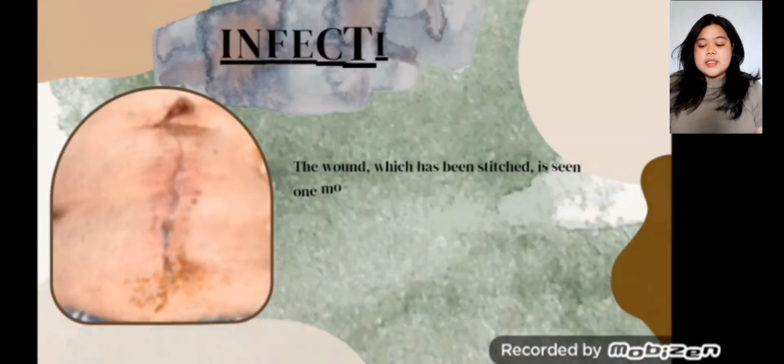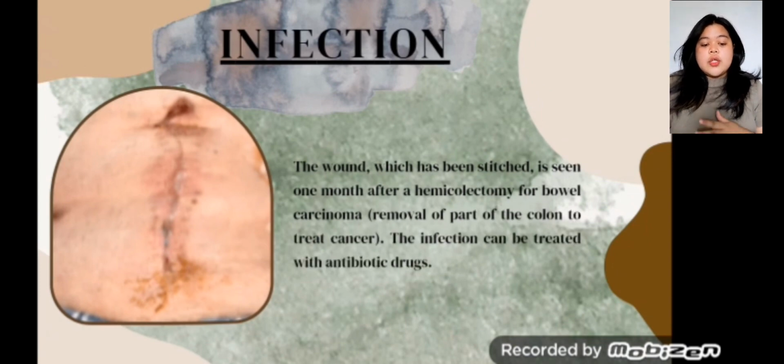Next is the infection. So, the wound which has been stitched is seen 1 month after the hemicolectomy for bowel carcinoma, or the removal of part of the colon to treat cancer. The infection can be treated with antibiotic drugs, as we have tackled earlier in the pharmacologic treatment by Miss Villegas.